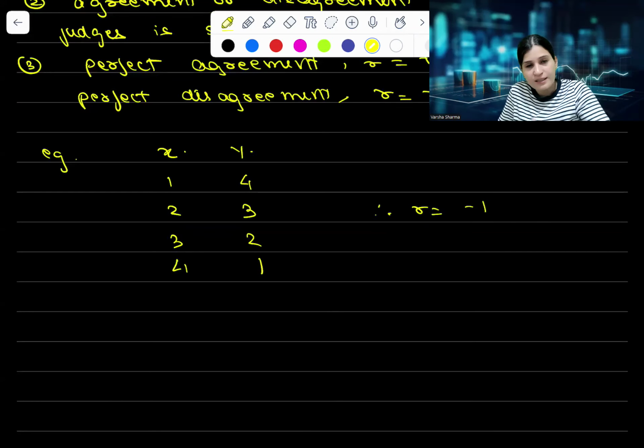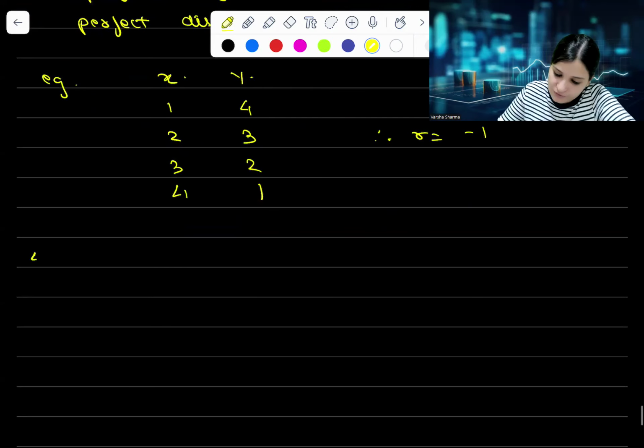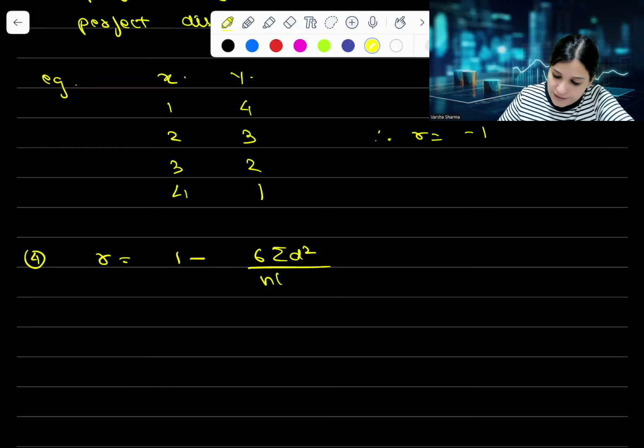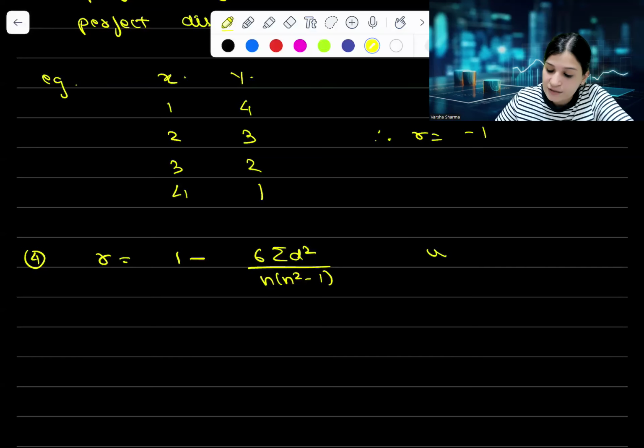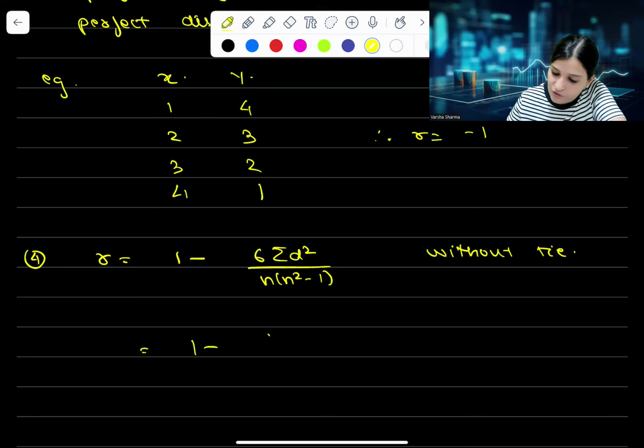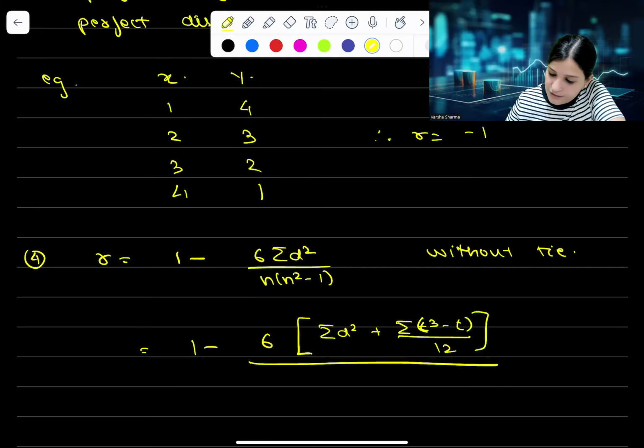Now I'll write the formulas. I'll explain with the help of a sum. Formula number 4: R is 1 minus 6 summation d square by n into n square minus 1. This formula is used when there is no tie. When there is a tie, we use this formula: t cube minus t, the whole divided by 12, the whole thing divided by n square minus 1.